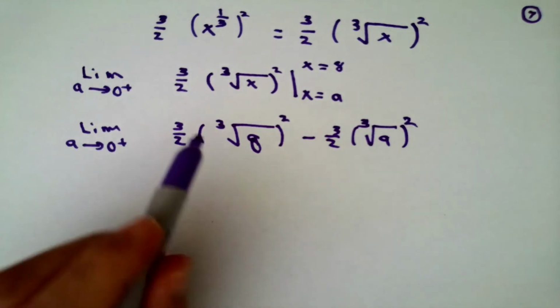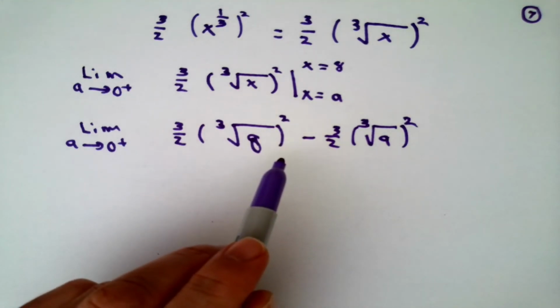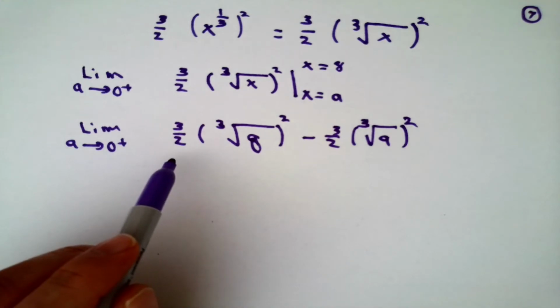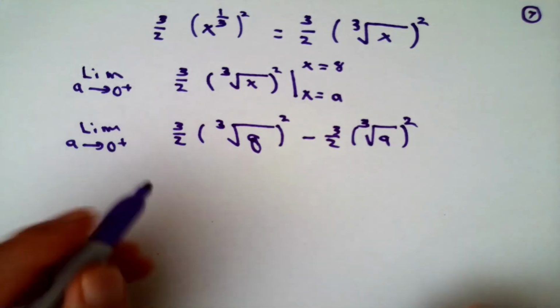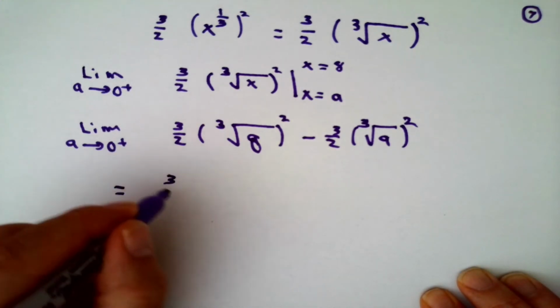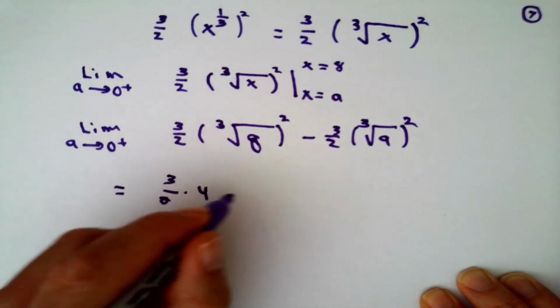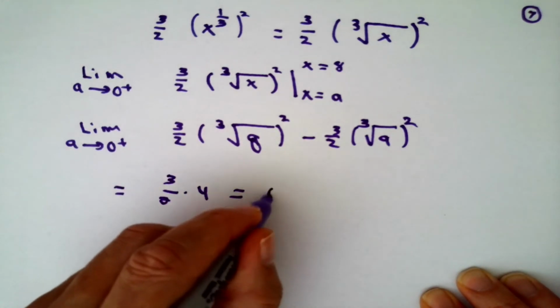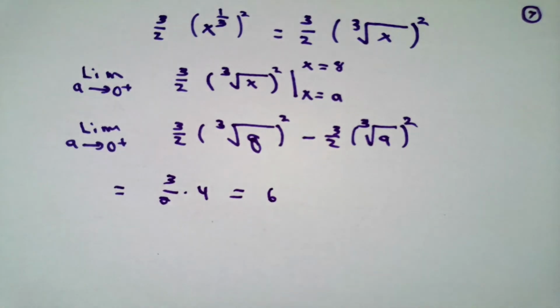So I have 2 squared, which is 4, multiplied by 3/2, which is 6. The integral that corresponds to the right part of the situation, the rightmost part, converges to 6.